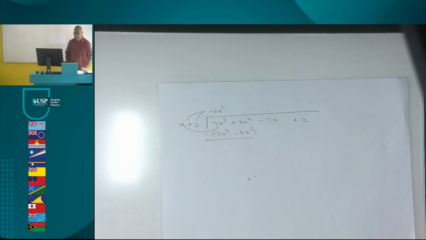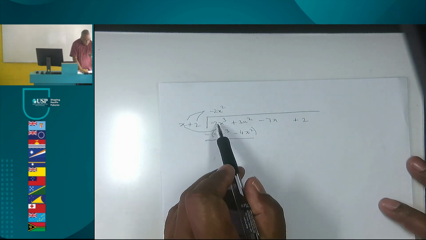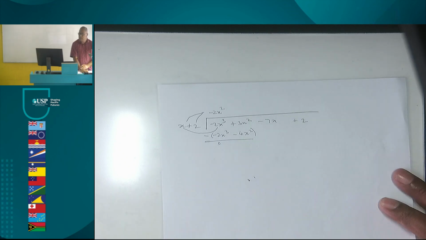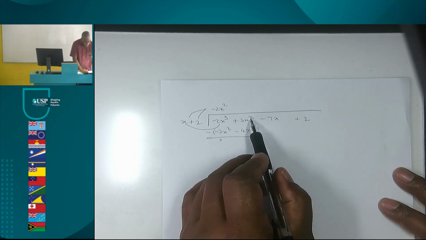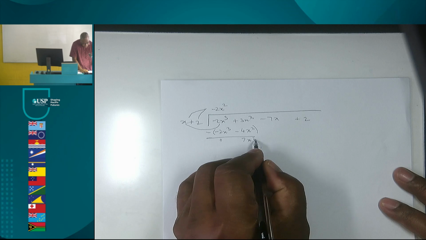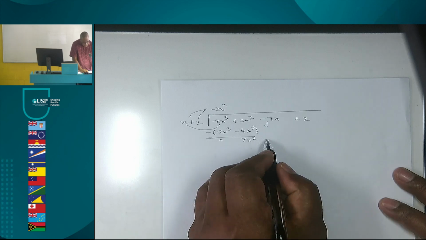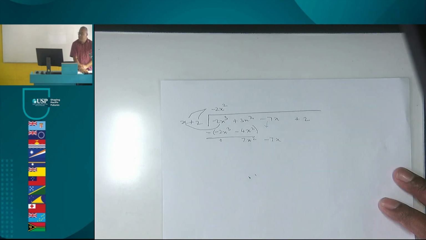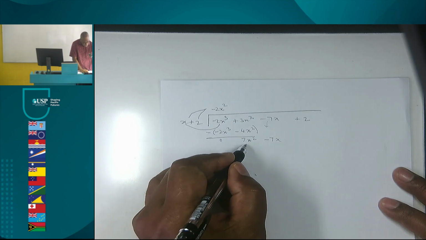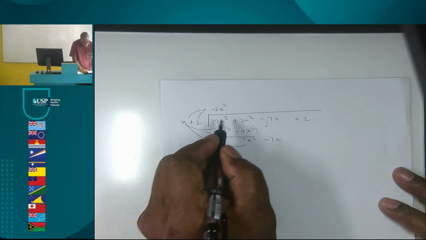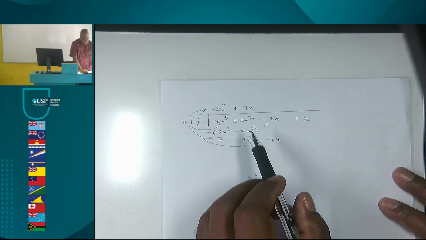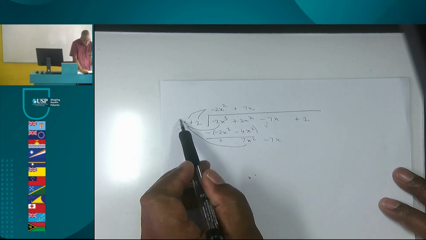We'll subtract: negative 2x cubed minus negative 2x cubed, 0. 3x squared minus negative 4x squared, positive 7x squared. That will bring down the minus 7x. 7x squared divided by x, positive 7x. We'll multiply positive 7x to both.